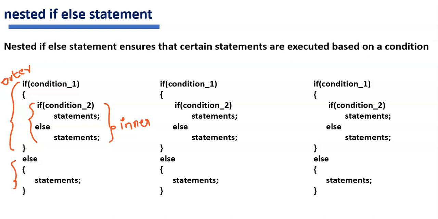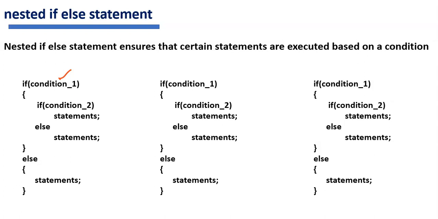Now we see how this particular nested if else statement is executed. Initially the control checks condition 1. If condition 1 is true, then we enter into the if block.